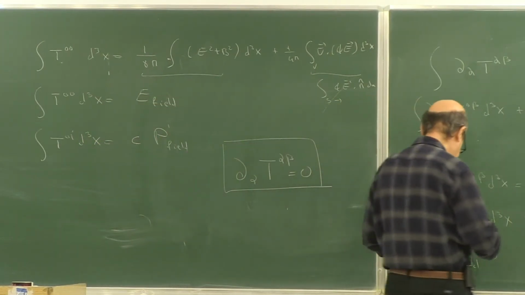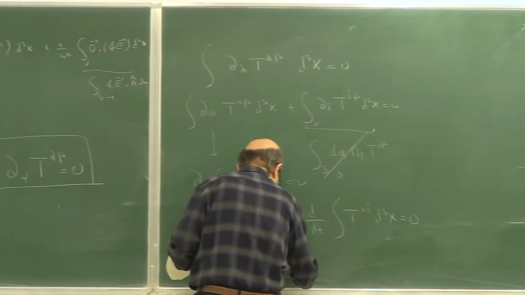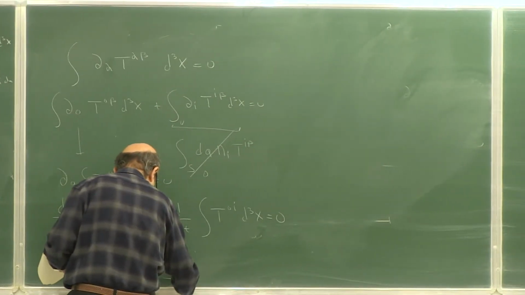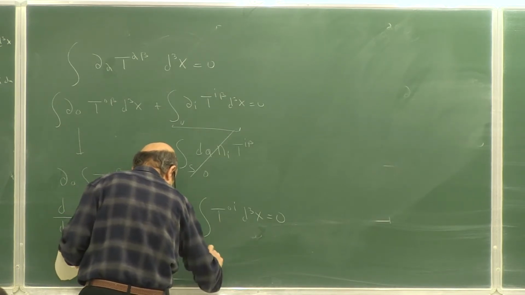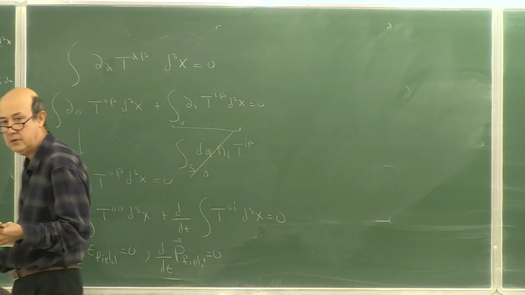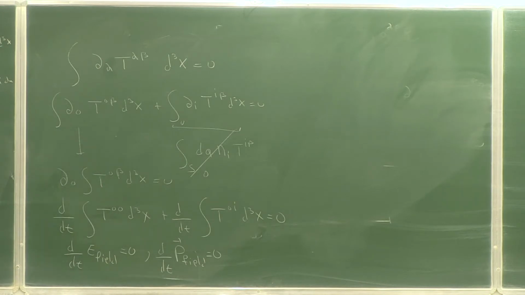Therefore, d over dt of P field has to be 0. Okay, so basically the canonical stress tensor gives the conservation laws.